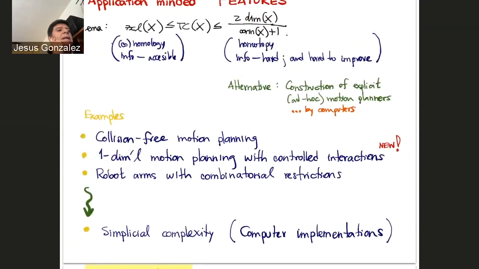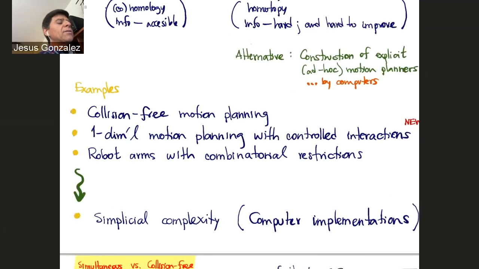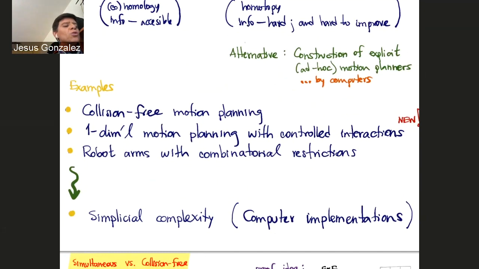So what I'm going to be doing now is to talk about these three examples. I'm going to be talking a little bit about collision-free motion planning, and then a flat version of it, which can be thought of as motion planning with control interactions of the robots.